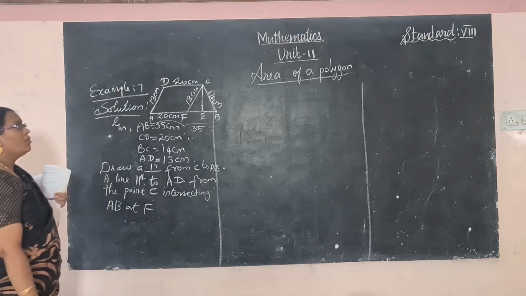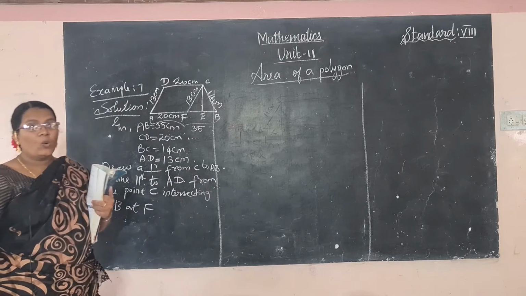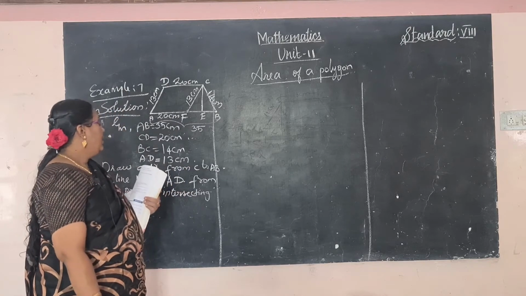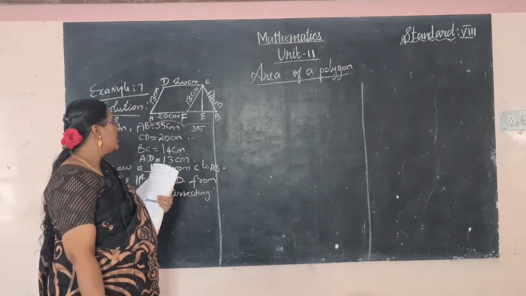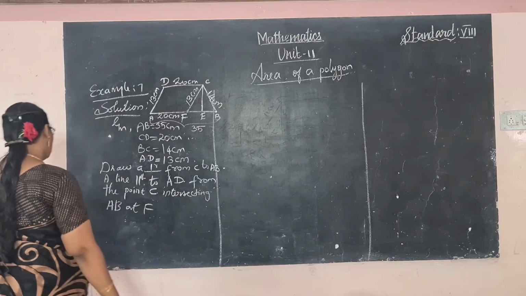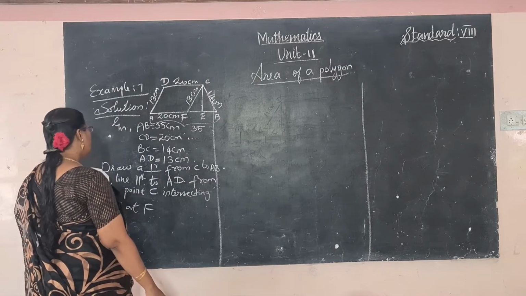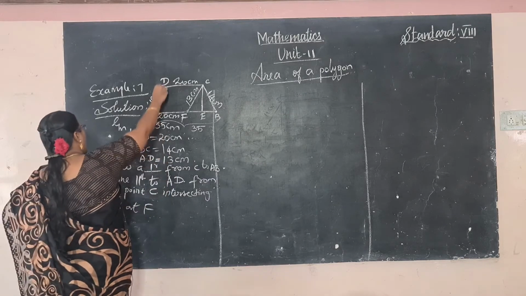You know the formula for the area of the parallelogram. What is that? Base into height. Okay, we have used that formula. Here the base is 20. So now we have to find out the height.